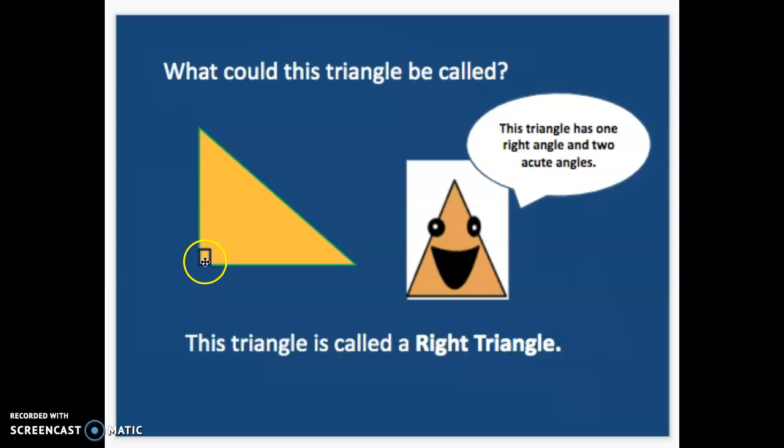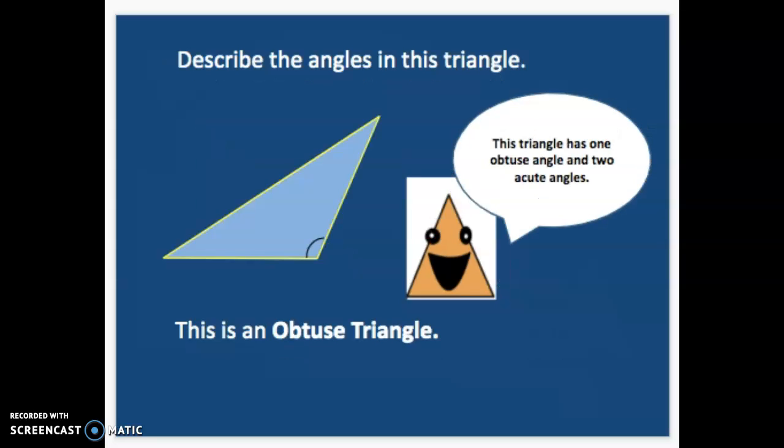Because it has a right angle, this triangle is called a right triangle. This triangle has one right angle and two acute angles. Now, because this is 90 degrees, we know that these are acute. It is still classified as a 90-degree triangle, which is a right triangle.